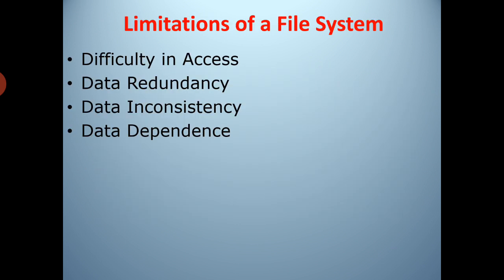Now there are the limitations of a file system. Students, a file system becomes difficult to handle when the number of files increases and the volume of data also grows. There are some limitations of a file system.